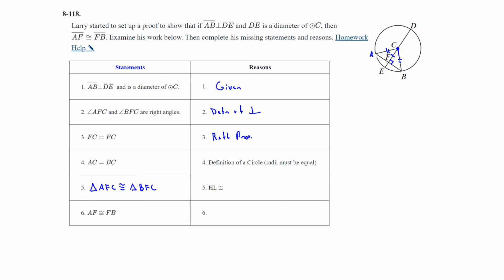You have your hypotenuse right here, and then the leg, which is right there. And then therefore AF is congruent to FB, and that's because congruent triangles imply that we also have congruent parts. So there are the reasons and the statements that we're missing for the proof.